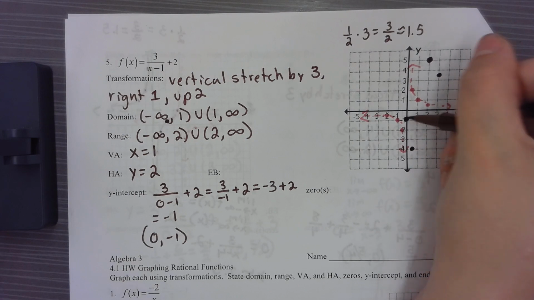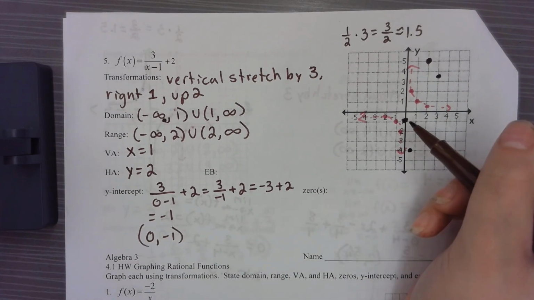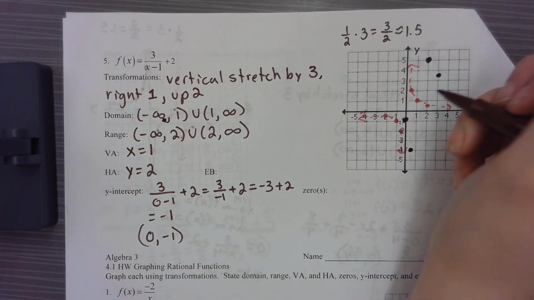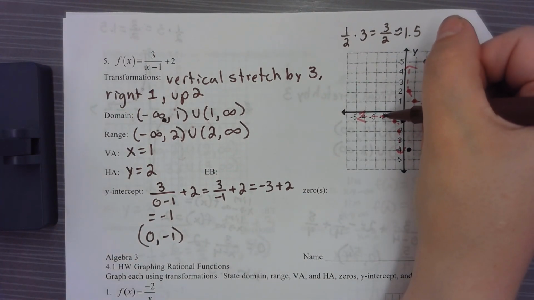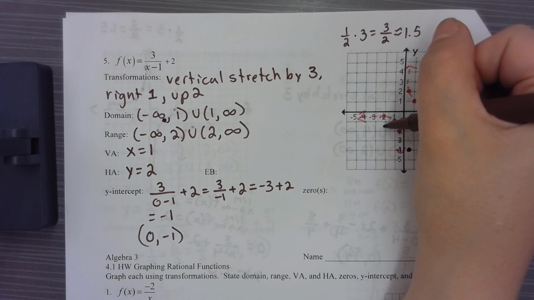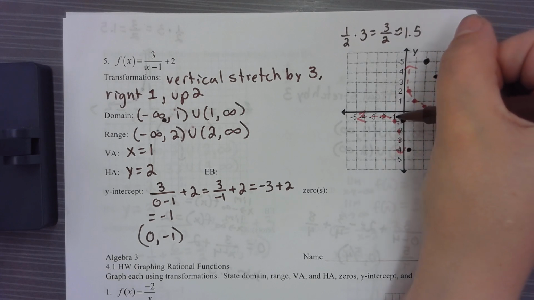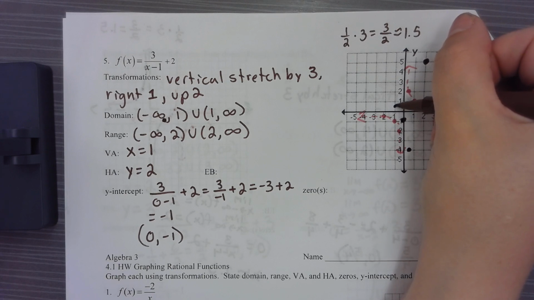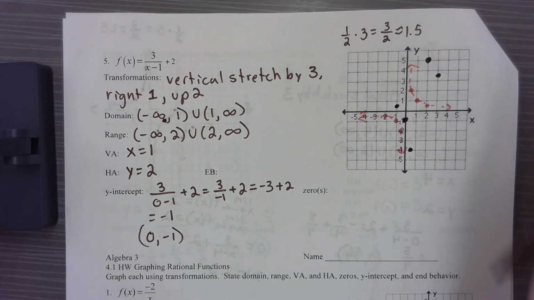And that is the same thing as my y-intercept, so I'm good there. Okay. And I have my last one, (-2, -1/2), vertically stretched to give me (-2, -1.5). And then I'd go right 1 and up 2. So that's going to take me here.